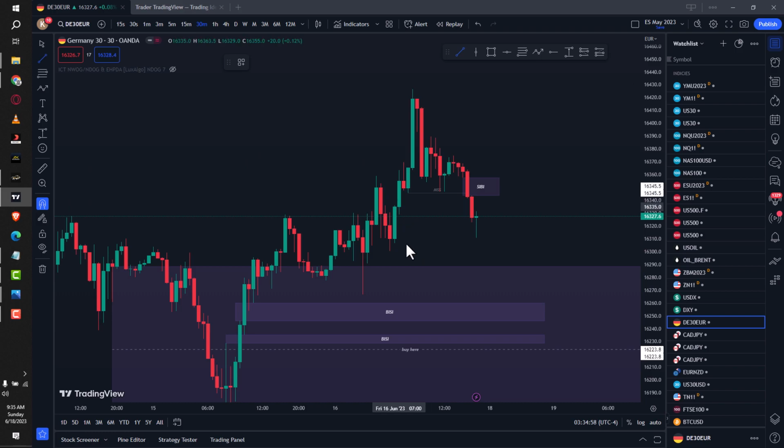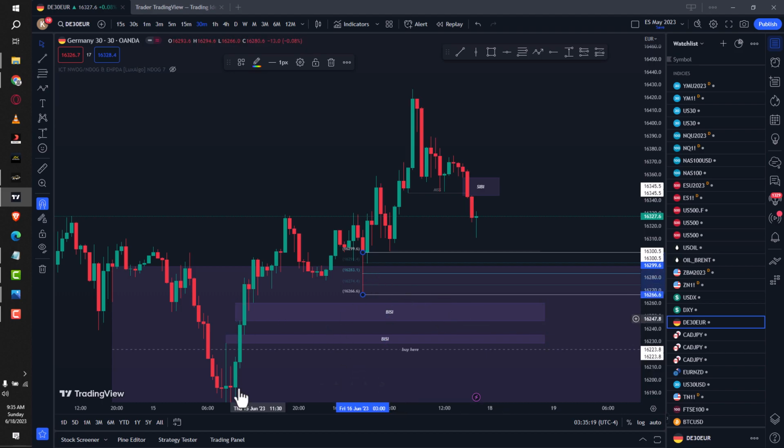I'm sorry for all the clicks. We have this internal liquidity. We have the 50% of this, which I'm going to eyeball, but we have this range. Give me 1 second. Let me just do this. We have the 50%, which is the entry of this range, this giant purple zone.